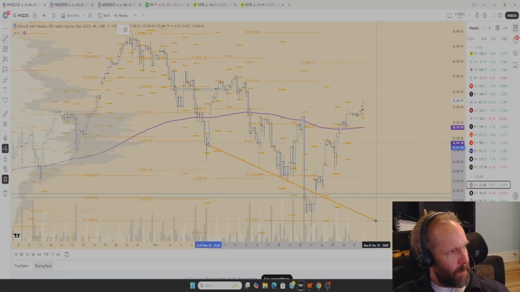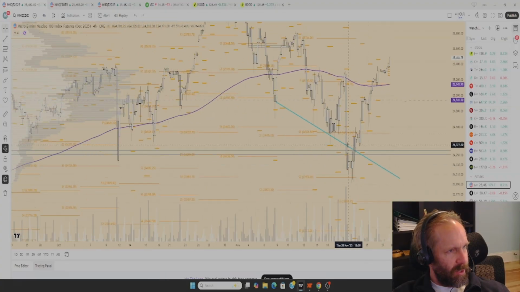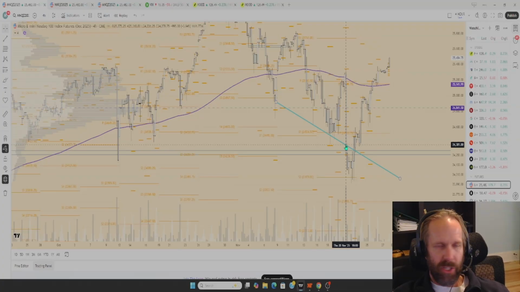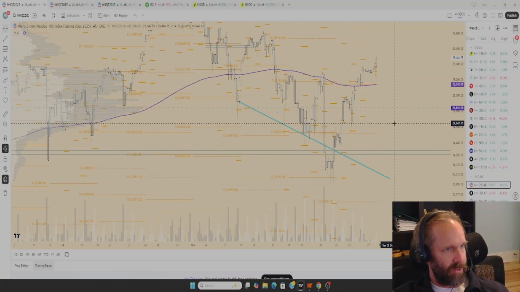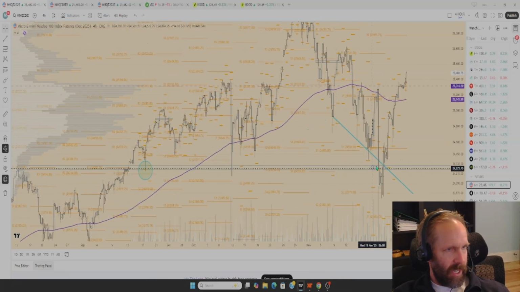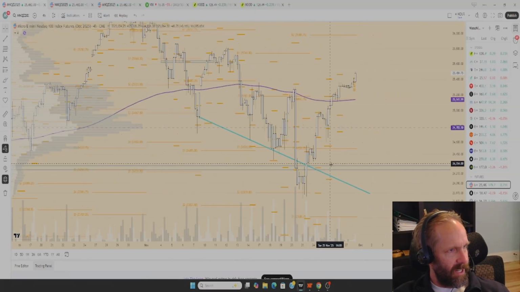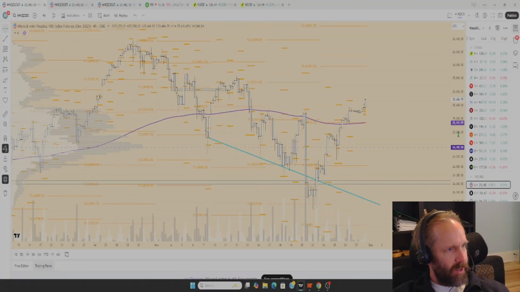In fact, I would probably draw it there because, and I'm going to change the color, when it broke through, if you're a trend line trader, which I'm not, they're too subjective for me, and this is exactly the reason why. But say price broke below that trend line, you might say it's time to go short, again without realizing there's an area of support there. But then look what happened right after that.